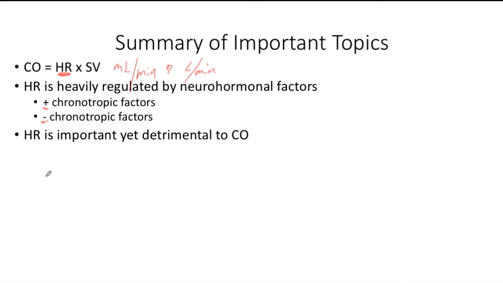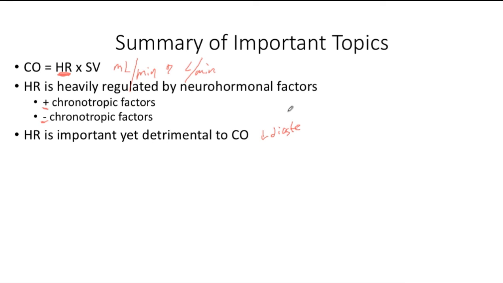All right. Remember, heart rate is important, but there is a certain point at which heart rate actually has a negative effect on cardiac output. Because remember, when the heart starts beating a little too rapidly, then that's going to cause a decreased time in diastole by the ventricles. Sorry, I said increase, I meant decrease time in diastole.